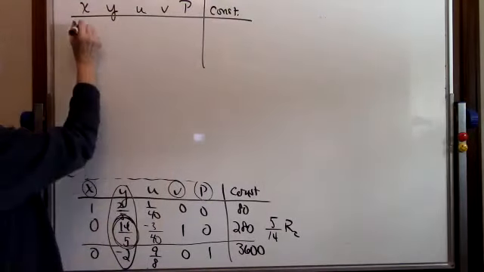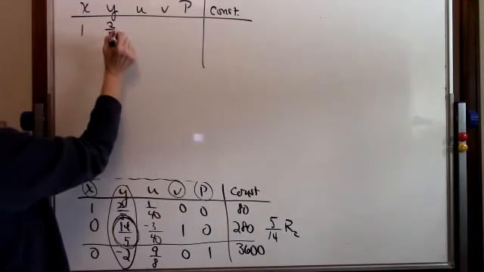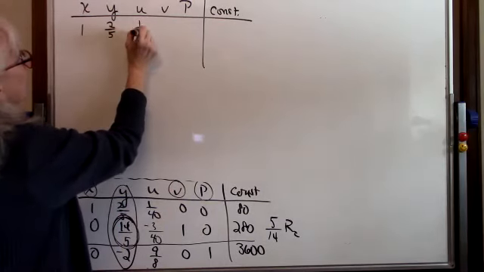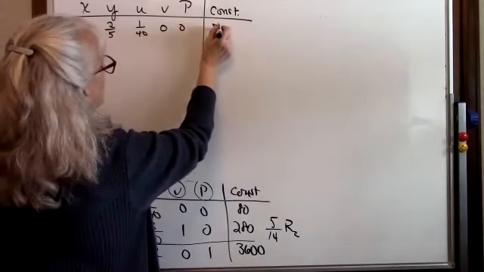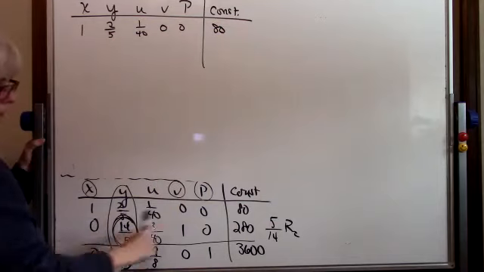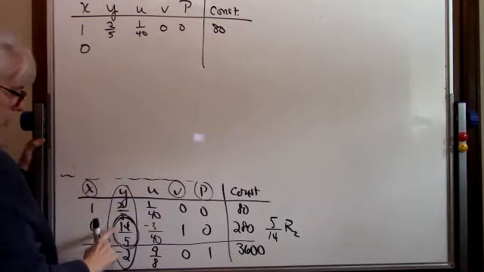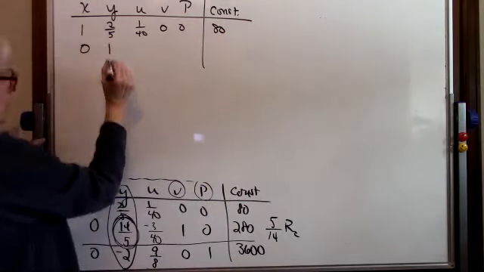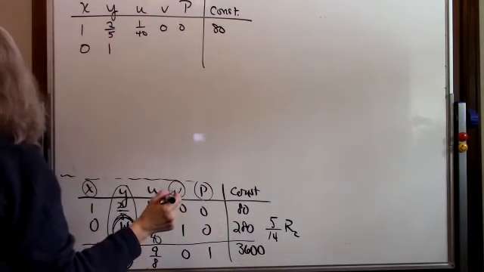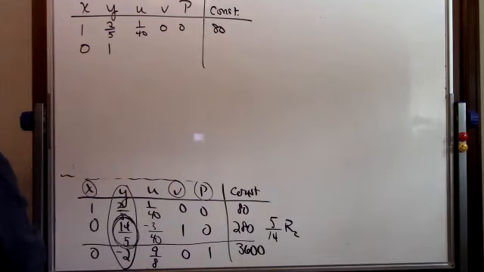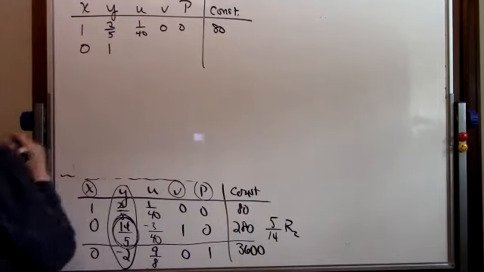So the first row stays as a 1, 2/5, 1/40, 0, 0, and 80. The next one would be 0 times 5/14 is 0. 14/5 times 5/14 is 1. Negative 3/40 times 5/14 comes out to be negative 3/112.